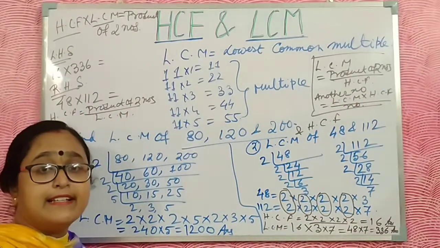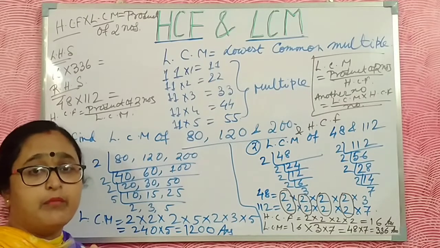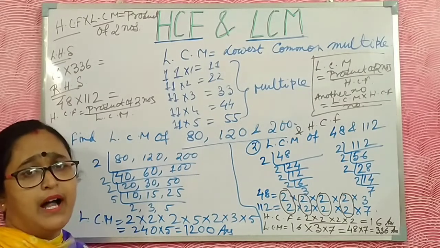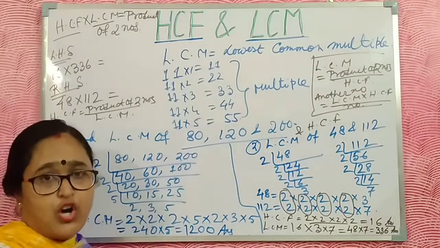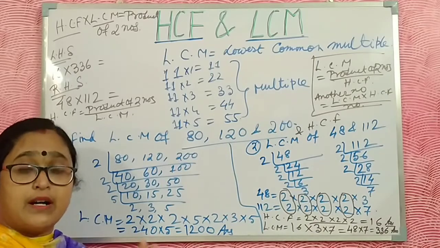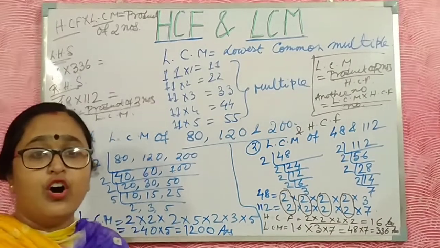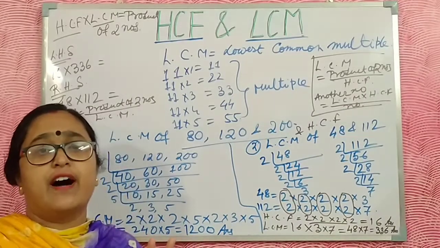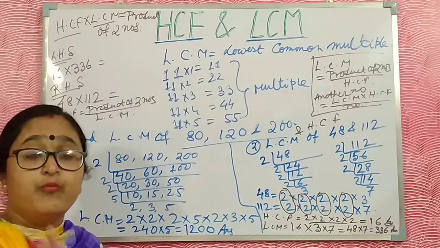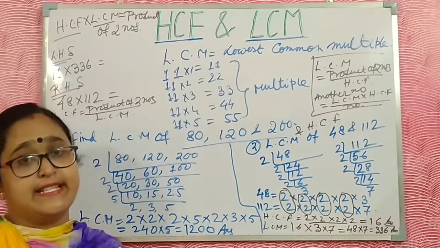You can find the other number when two numbers are not given, but one number and the LCM and HCF are given. You use this formula also. This is a very important formula for two numbers, not three numbers. Only for two numbers when you find LCM, HCF, product, whatever.